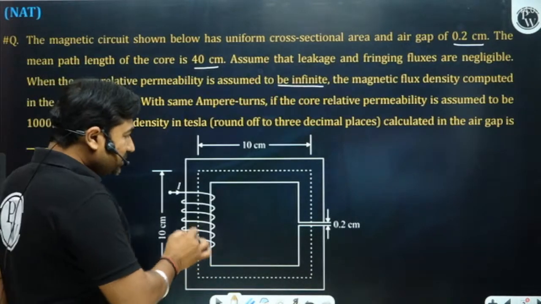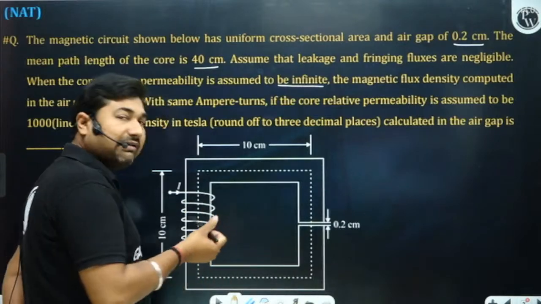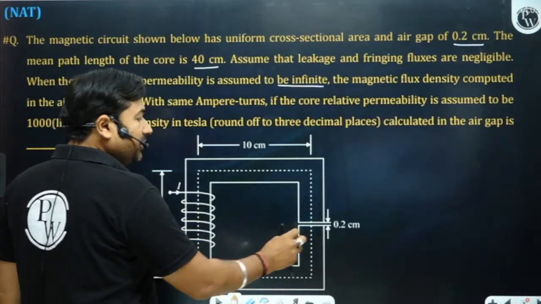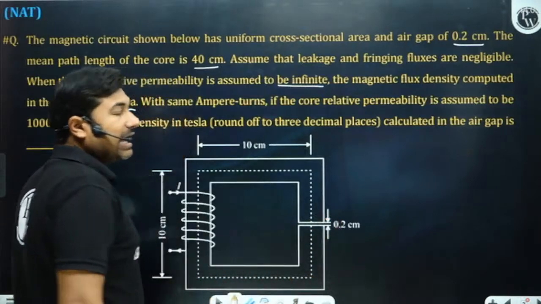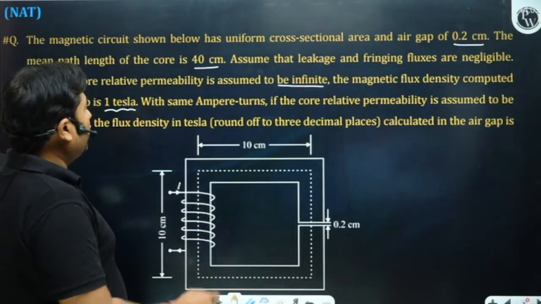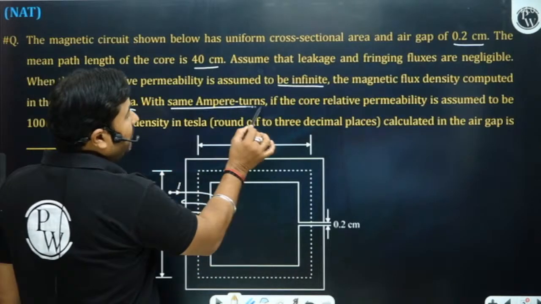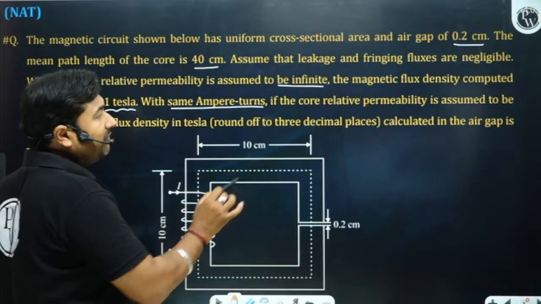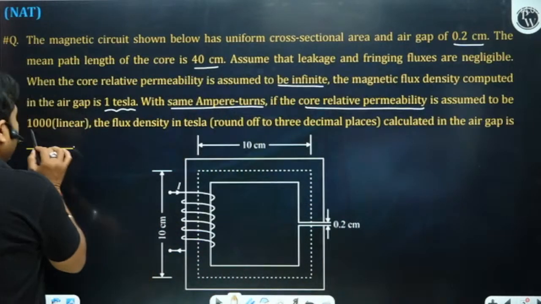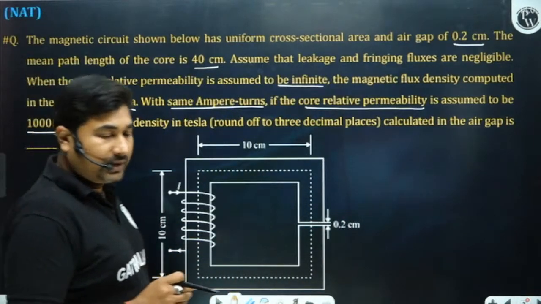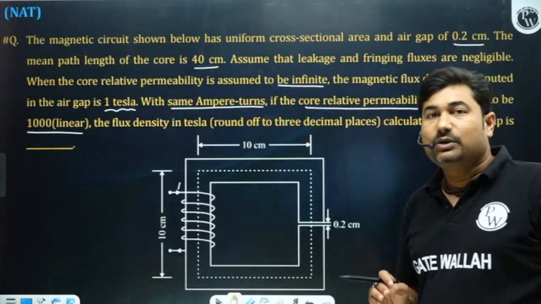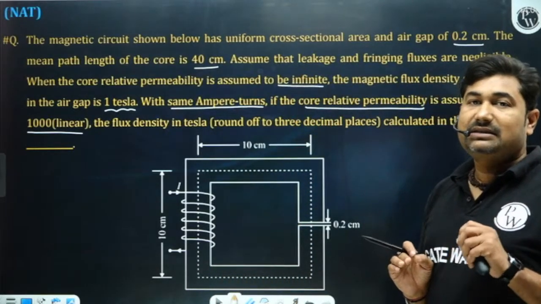So when it is assumed that the core material has infinite permeability, under that condition the flux set up in the air gap is 1 Tesla. Now please observe, with the same ampere turn, that is the same MMF, if the core relative permeability is assumed to be 1000 linear, so it means that with the change in magnetizing current your relative permeability is changing linearly.